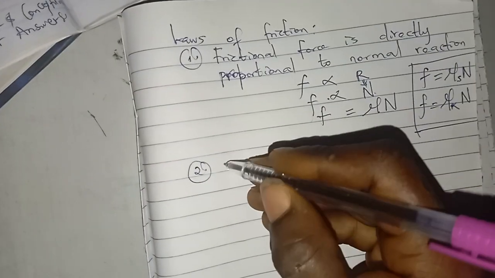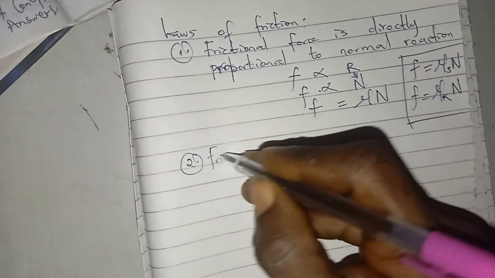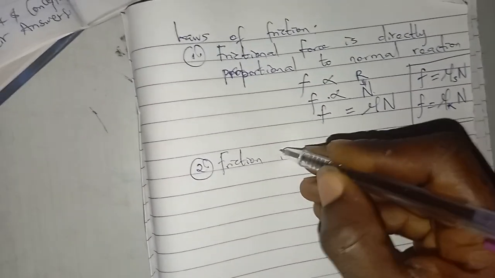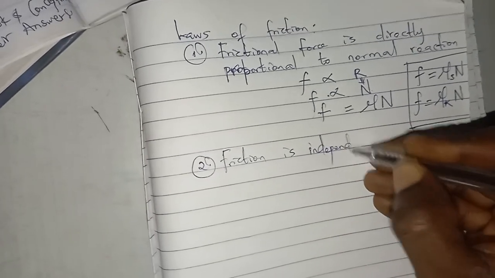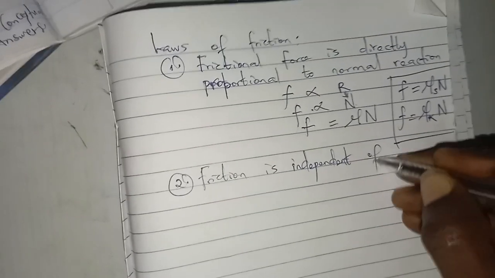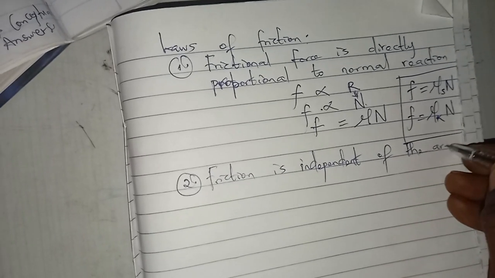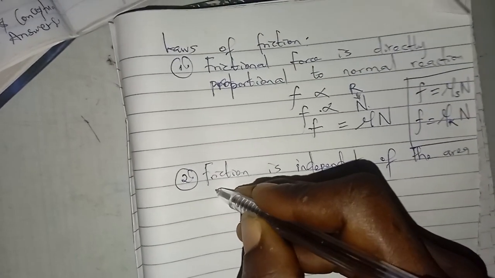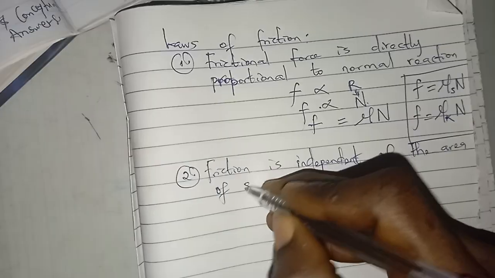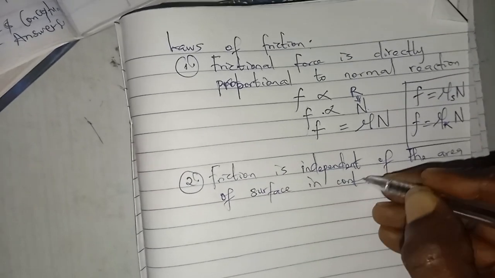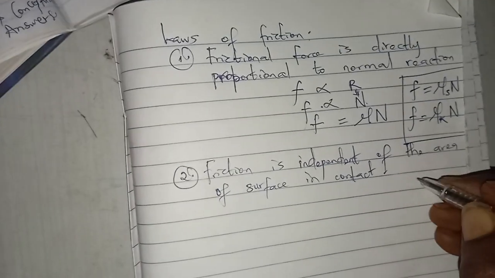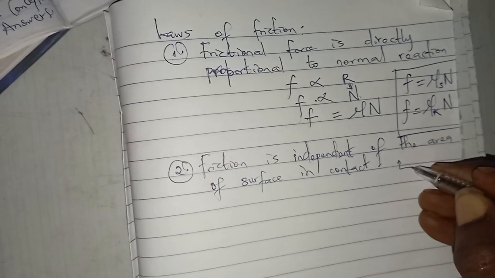The second law is that friction is independent of the area of surface in contact. What this means is that area simply means vertical and horizontal.